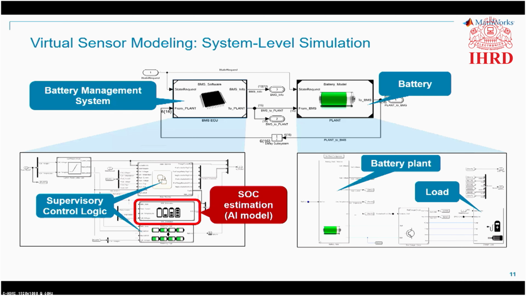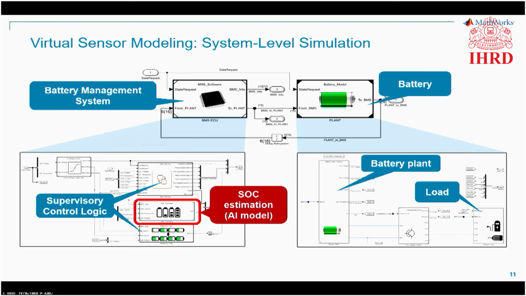So overall, the entire system might look something like this, where you have a battery, you have to design the entire plant model, and to control the output of the battery, we have a battery management system. So AI here is a small part of the entire system, right? We have developed an AI model, and it is part of an entire system.